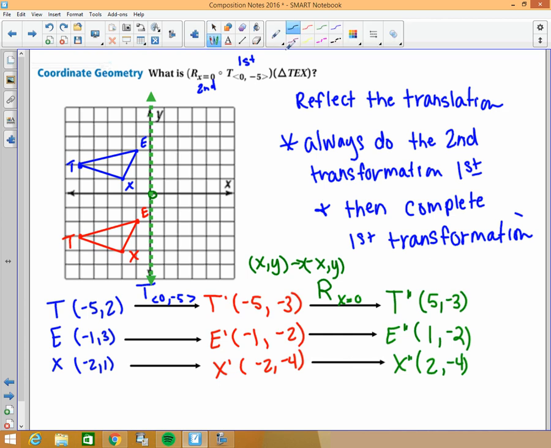So we'll go up here and we'll plot our points. So if I'm looking for T, I'm going to go 1, 2, 3, 4, 5, then down 1, 2, 3. So that's going to give me T. And then E is going to be 1, then down 2. So that's going to give me E. And then X is going to be 2, then down 4. So it's going to be right there. So let's connect them.